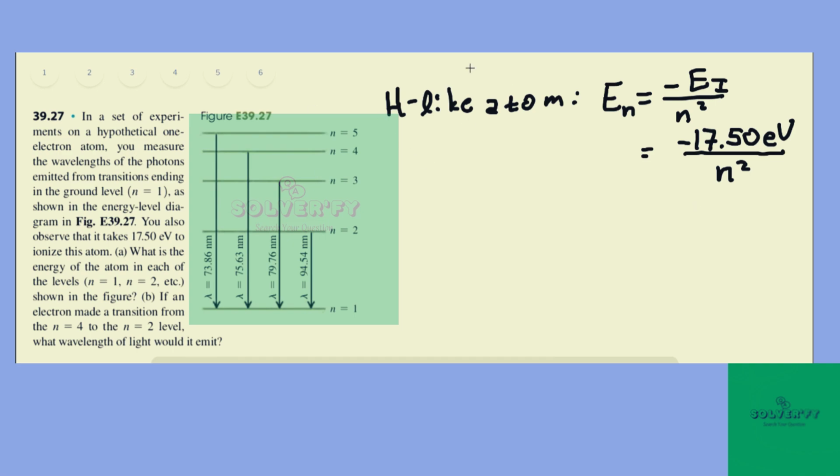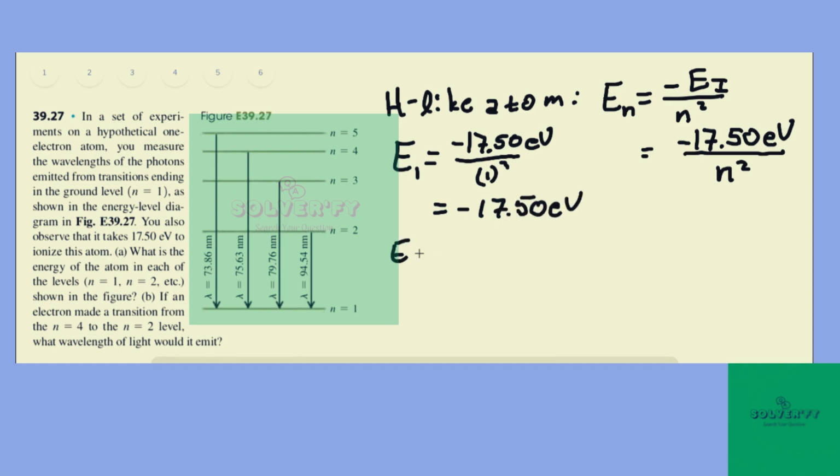Cool. So we can use this equation to go ahead and just calculate E1, which is negative 17.50 electron volts over 1 squared, which is just negative 17.50 electron volts.